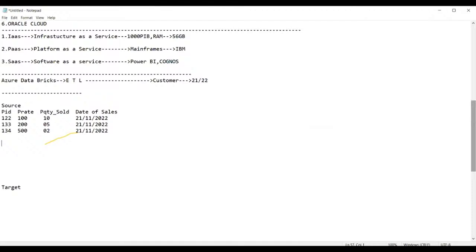So to write the 22nd data, simply I'll copy this information and paste it here. Okay, that's it, guys. Let us see how to make it.